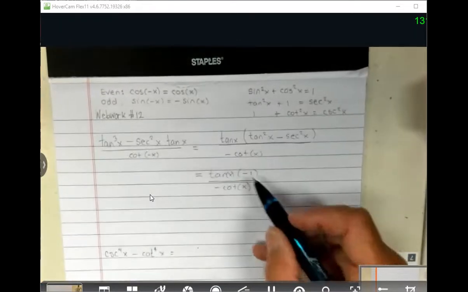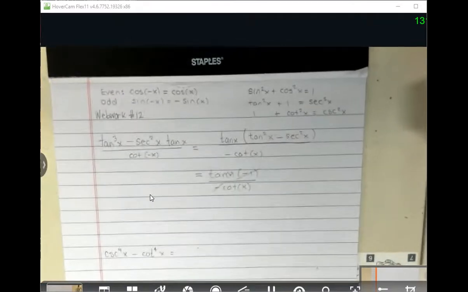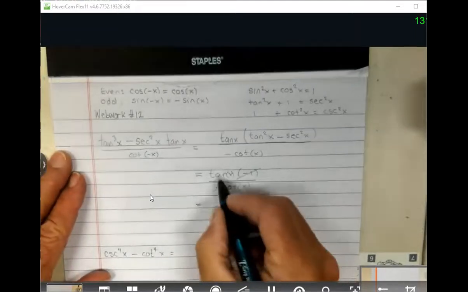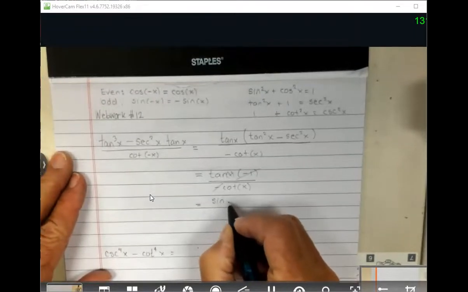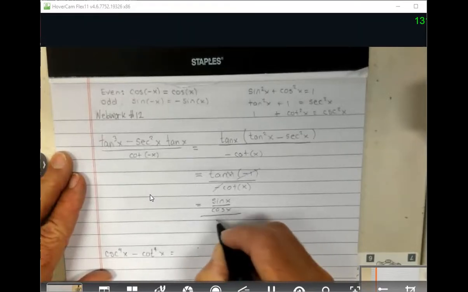That means these minus signs cancel. So now I've got a positive ratio, tangent of x over cotangent of x. But tangent is sine over cosine. Cotangent is cosine over sine.